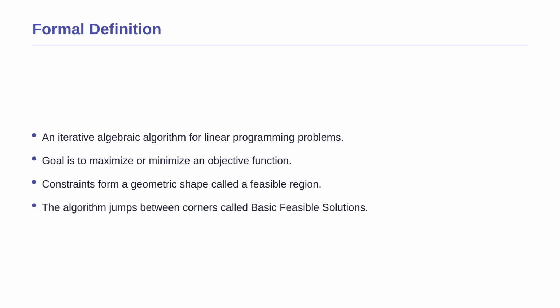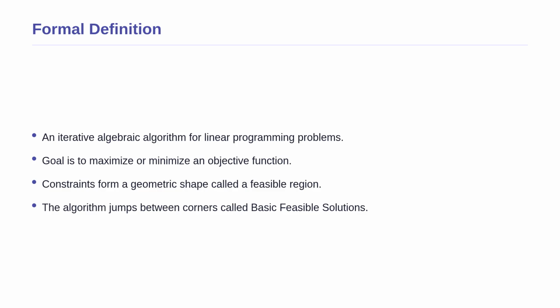Now that we have a mental picture, let us look at the formal definition. The Simplex method is an iterative algebraic algorithm used to solve linear programming problems. Iterative simply means it repeats a cycle of steps, getting closer to the answer each time. We use it to maximize or minimize a main goal, like profit, which we call the objective function.